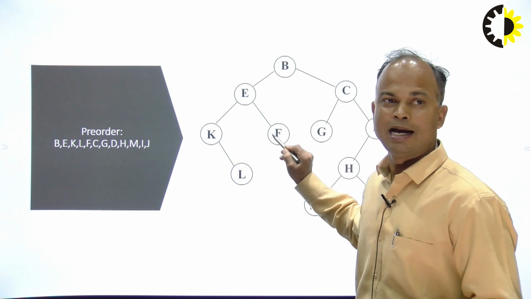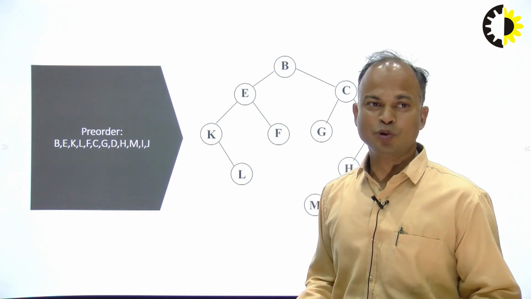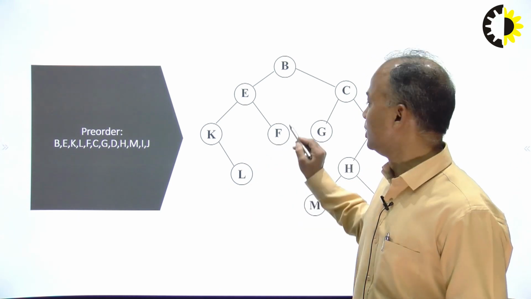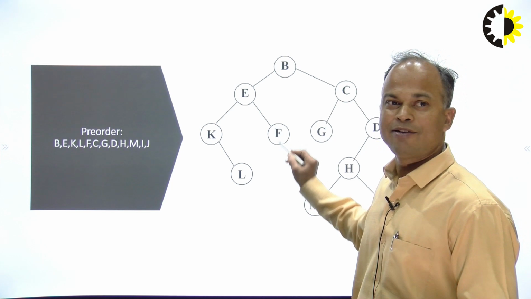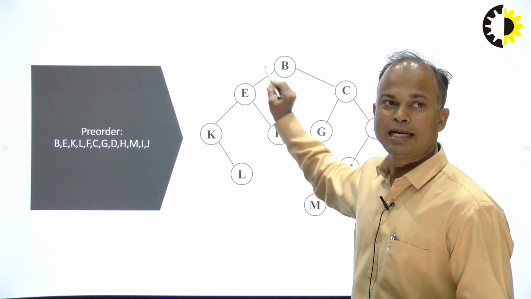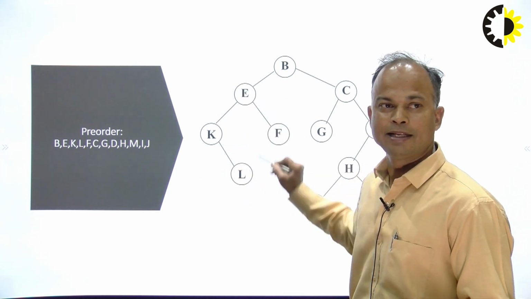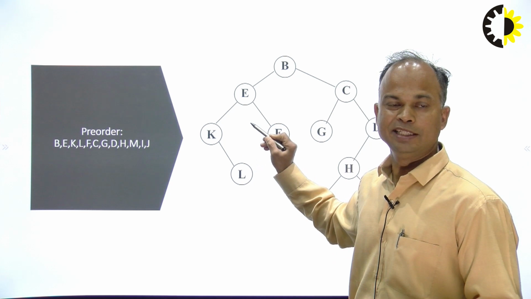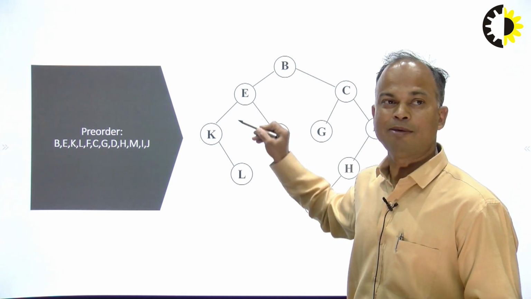We are at F, the root of the right subtree. So we are visiting F, and it does not have a left part or right part. Therefore, you can conclude that E's root is visited, left part is visited, right part is visited. After visiting it, go one step upward.